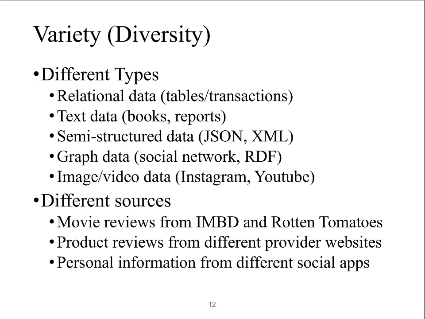And text data, including books, reports, or your email contents. The difference between text data and relational data is that relational data is structured, so we have a fixed schema, while text data is totally unstructured.